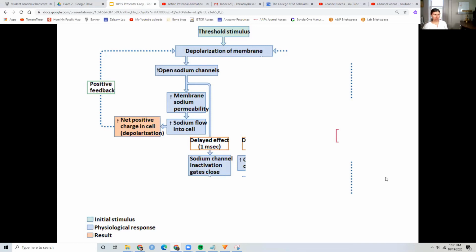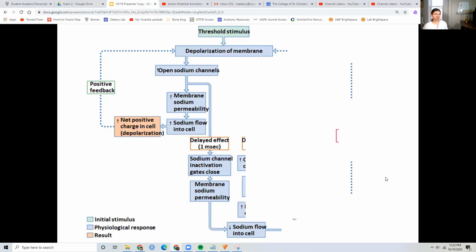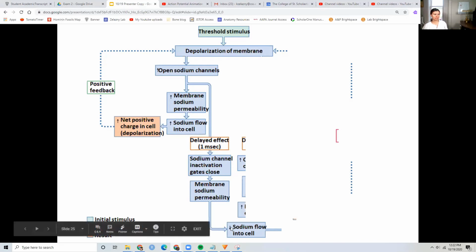But we have this slow door, this inactivation gate, it closes after a millisecond. So as these sodium channel inactivation gates close, we're bringing the permeability of the membrane to sodium down. So our membrane is becoming less and less permeable to sodium as more and more of these inactivation gates swing closed, which means that the sodium flow into the cell is going down.